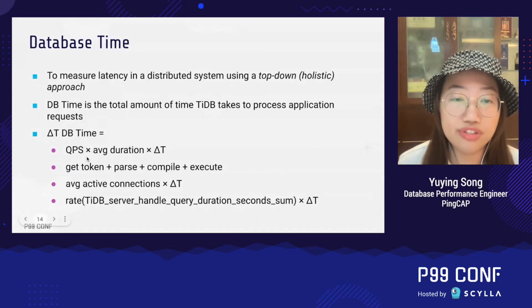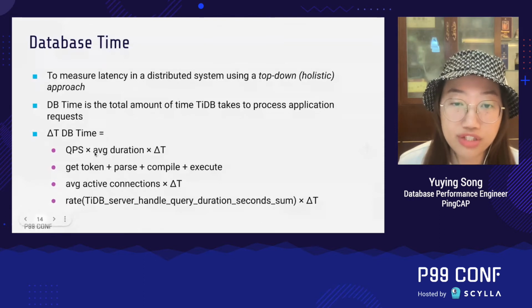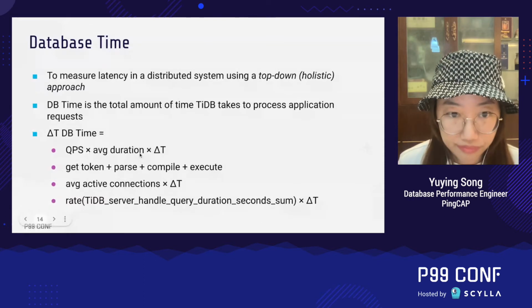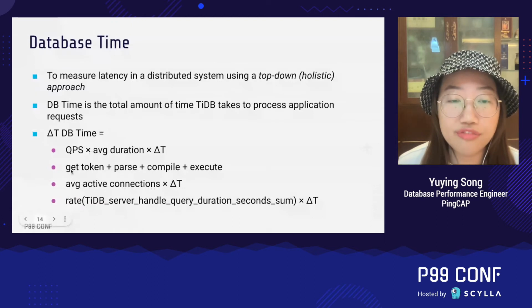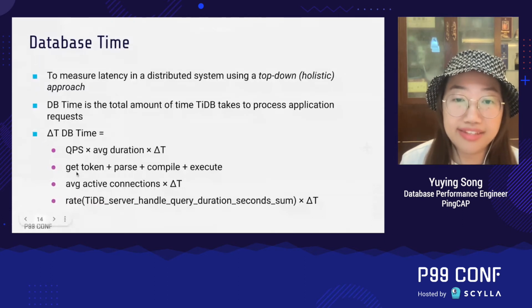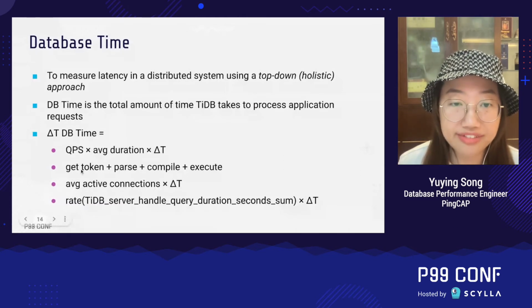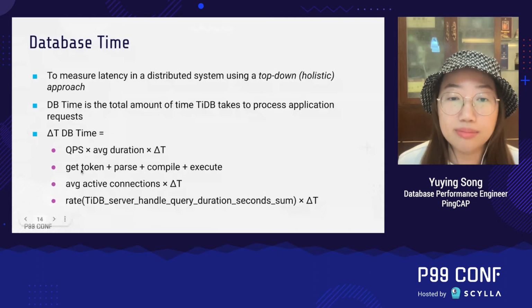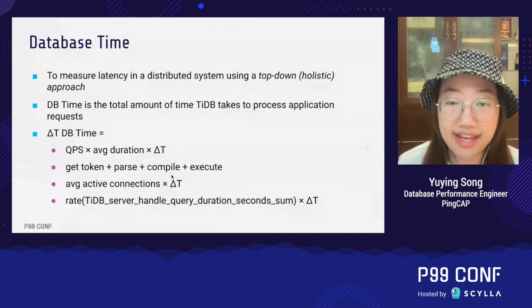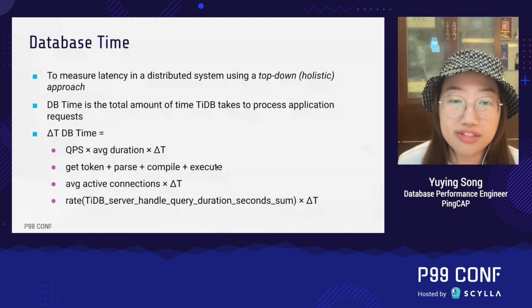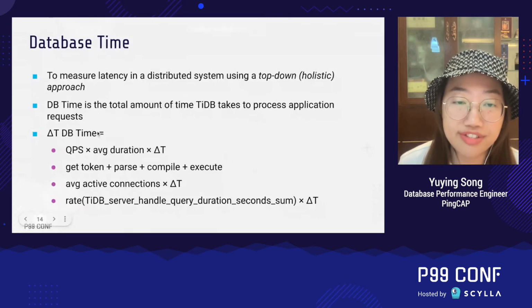First, you can use QPS times average duration. Second, the 4 phases a SQL goes through in TiDB: you get the token, then parse and compile the SQL, and then execute it. The sum of the durations of these 4 phases equals DB time.